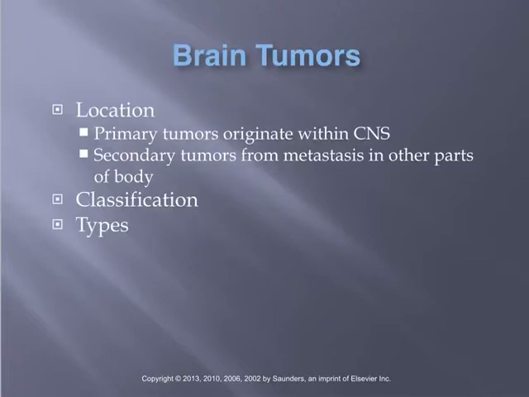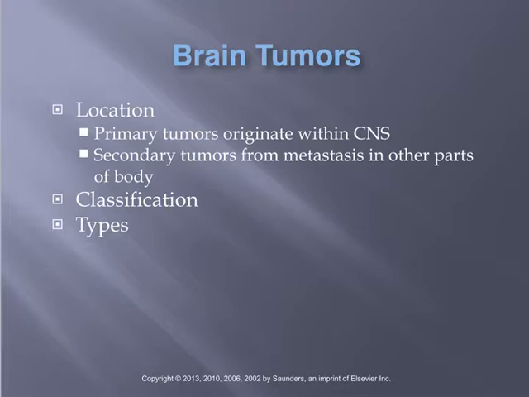Okay, so now let's switch gears to brain tumors. The location: primary brain tumors originate within the central nervous system. Secondary tumors are when another type of cancer from another body part metastasizes to the brain.